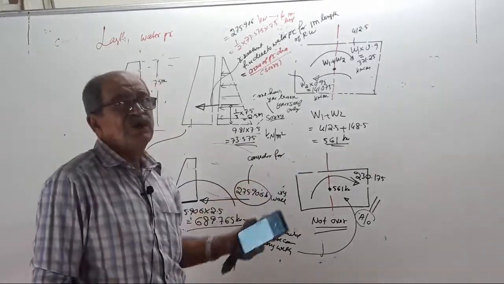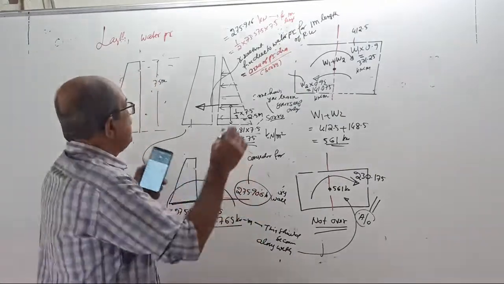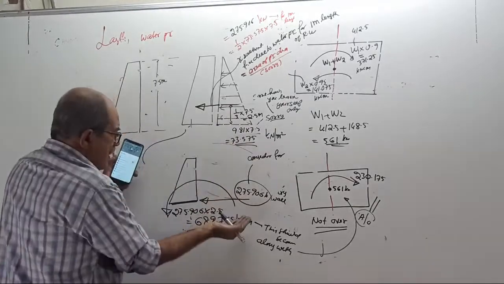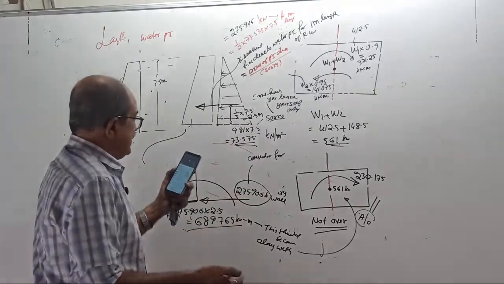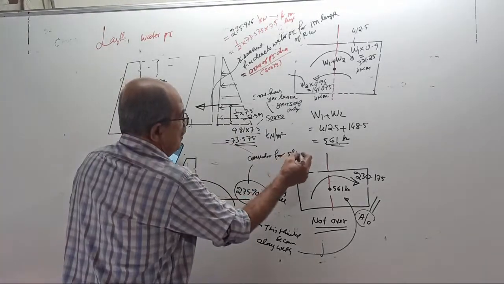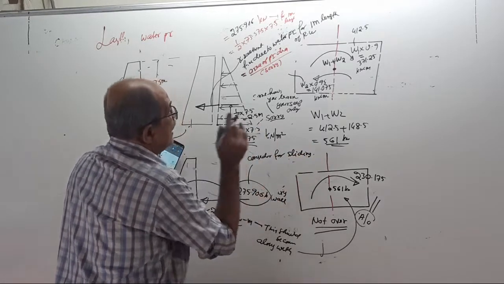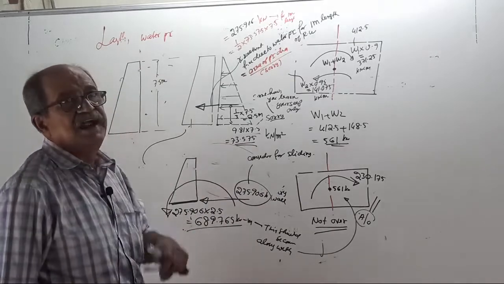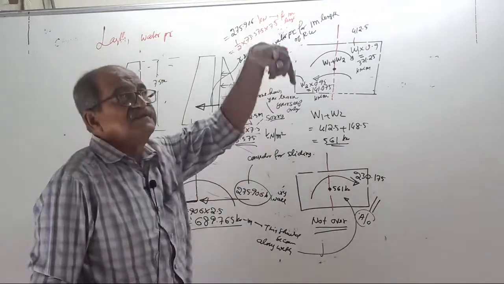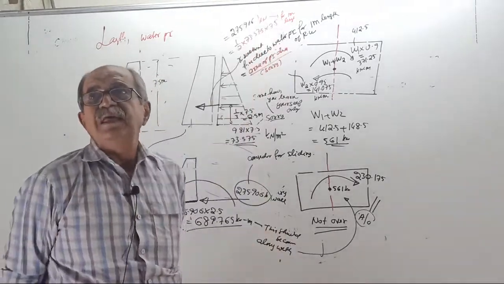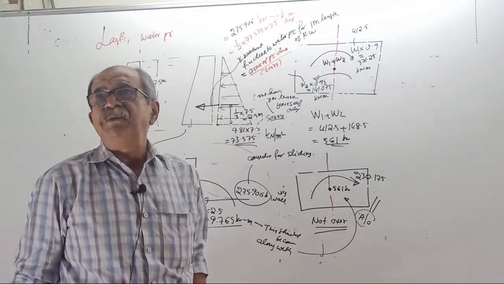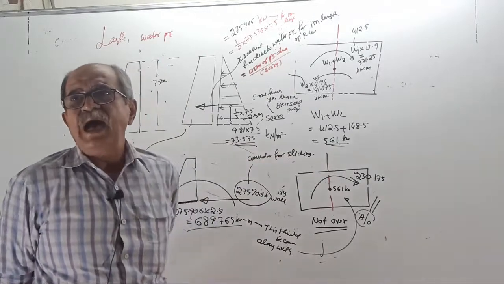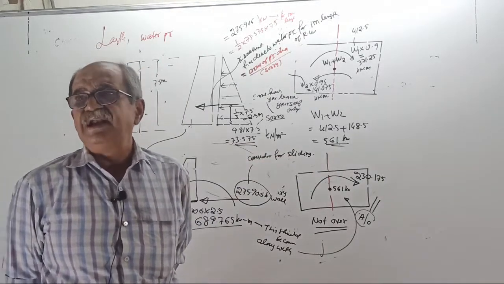This is the lateral force. See, the force is acting here. When you transfer it here, it comes as a force with a moment. The moment is considered here. That force will be considered for sliding. When you check for sliding, you calculate the resultant vertical load, then coefficient of friction into resultant vertical load will give the maximum frictional resistance that can be developed.